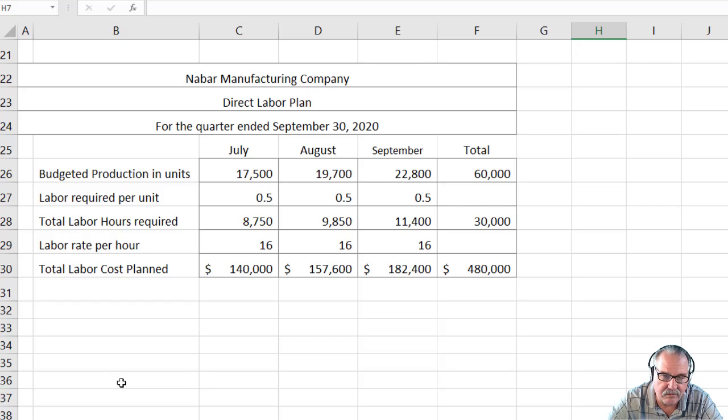Just like the raw materials, it takes half an hour to make one of these. So that means we're going to need 8,750 hours times the $16 labor rate, which gives us our total labor cost for July of $140,000, August $157,600, and September $182,400.